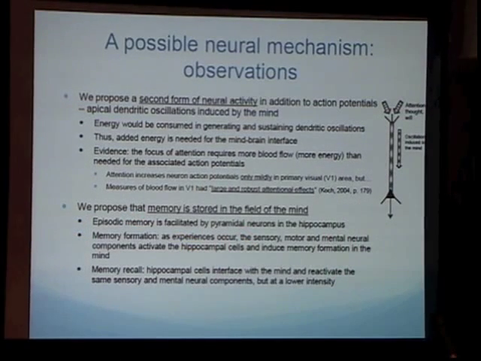Now we have two observations. One is that we're proposing there's a second form of neural activity in addition to action potentials. Neuroscientists say the only thing neurons do is receive impulses and produce action potentials.